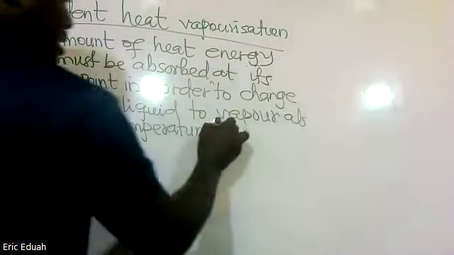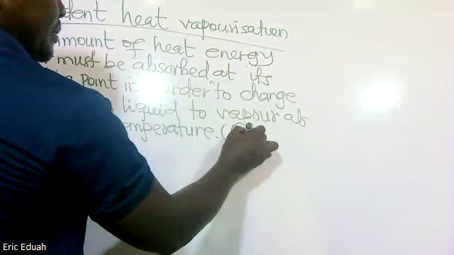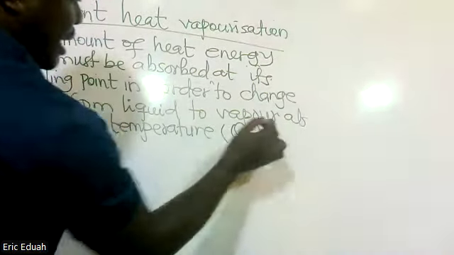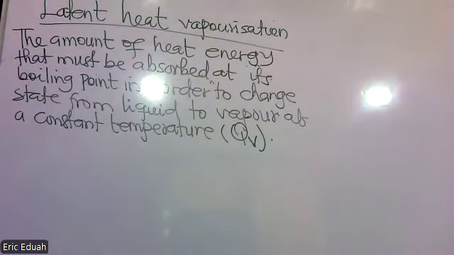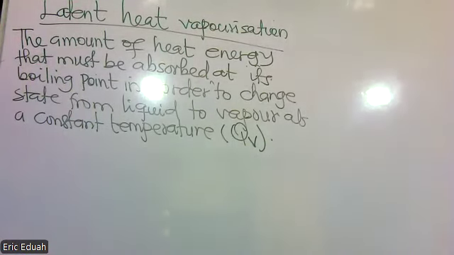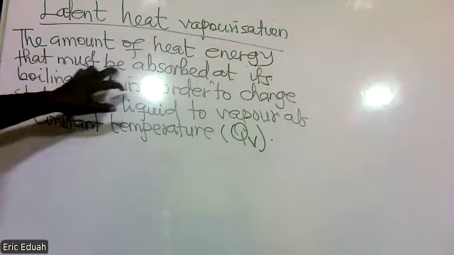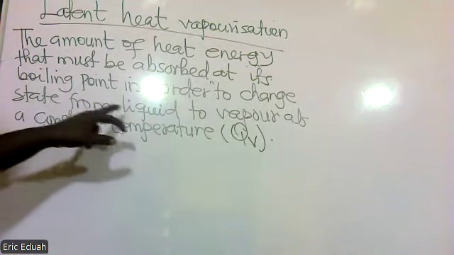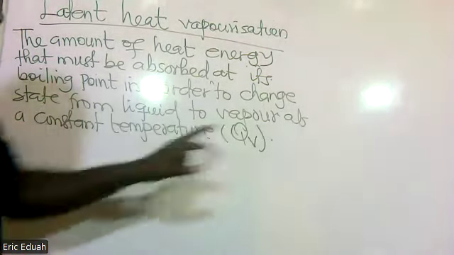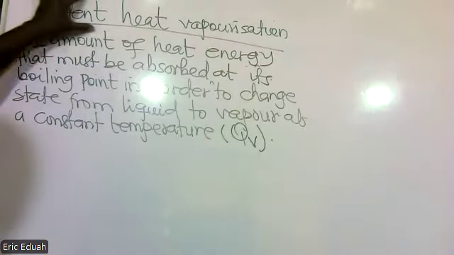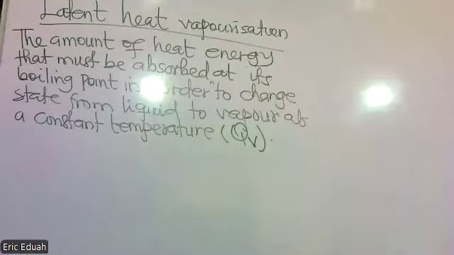And this is given by Q subscript V. Some books also use H for heat. So the amount of heat energy that must be absorbed at its boiling point in order to change state from liquid to vapor at a constant temperature is what is referred to as the latent heat of vaporization.